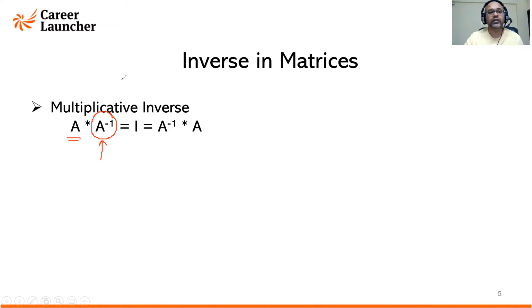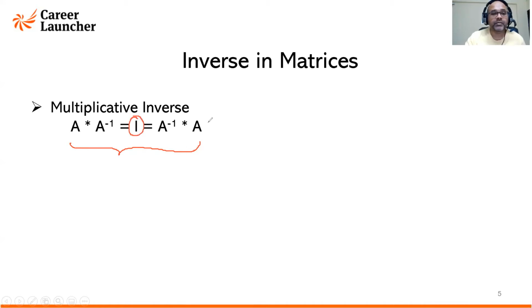That is universally known in matrices as the inverse of A. Now, a matrix A power minus 1 is called the inverse of A if and only if this condition holds true, which means whether you multiply A and A inverse or A inverse and A, the order in this particular case does not matter. The answer should be I.